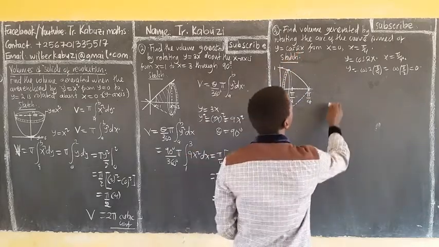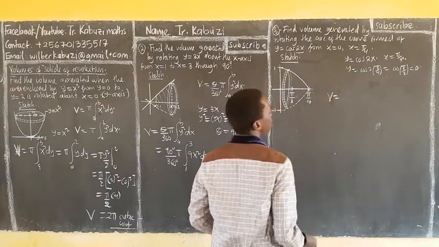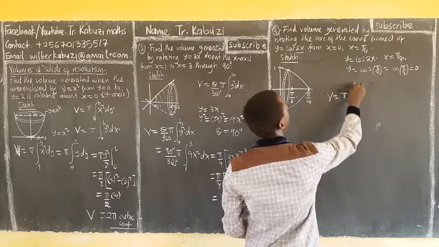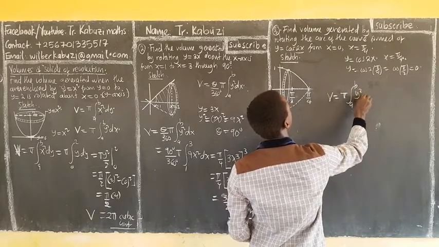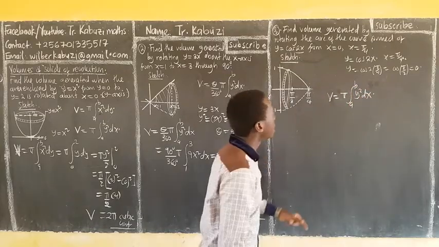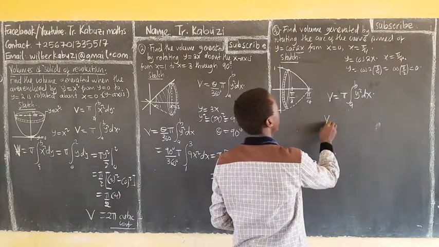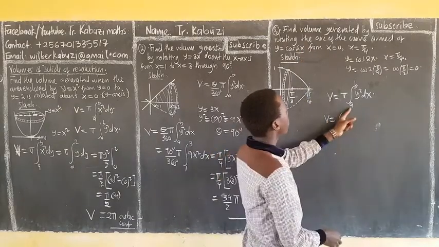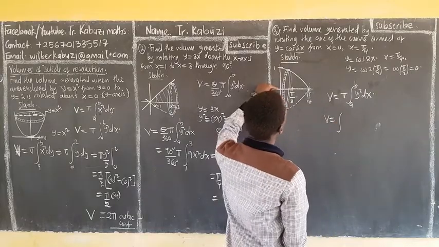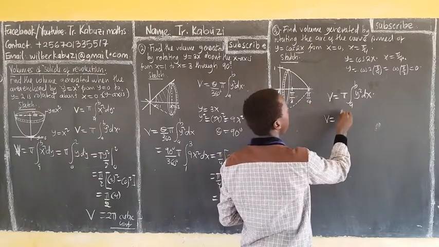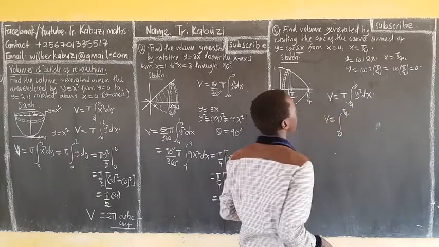So there, my volume will be now pi times the integral from a to b of y squared dx. So from here, my y is this, so my volume will be from a, from 0, to pi over 4.